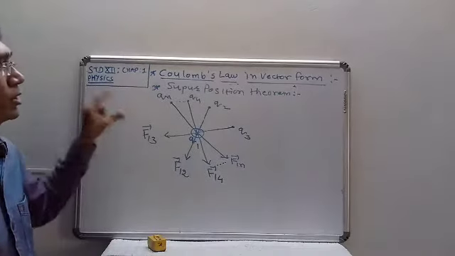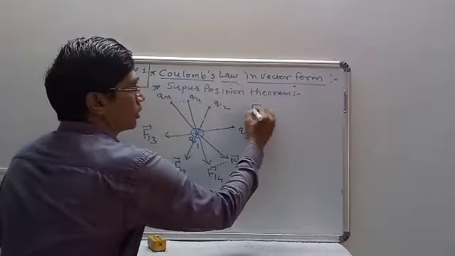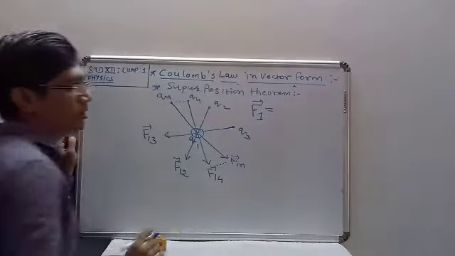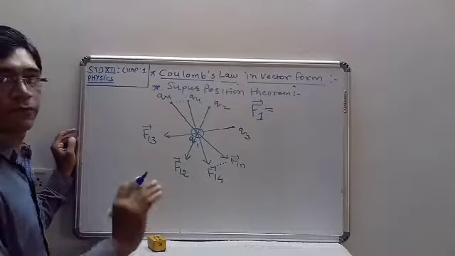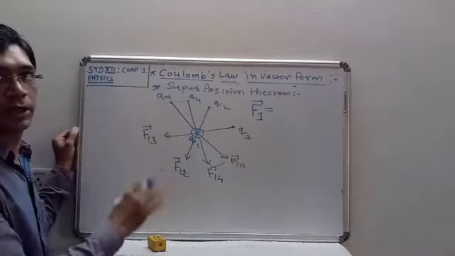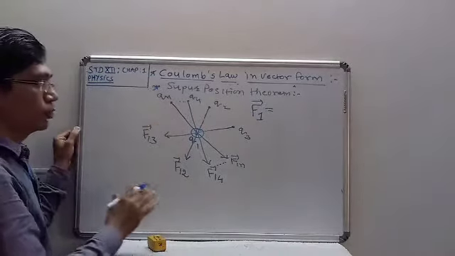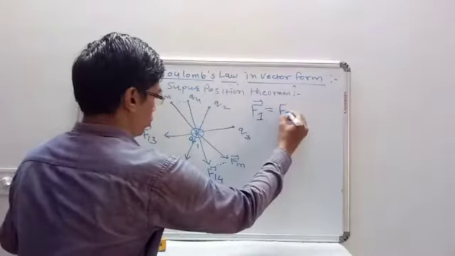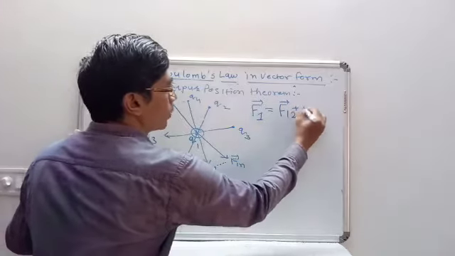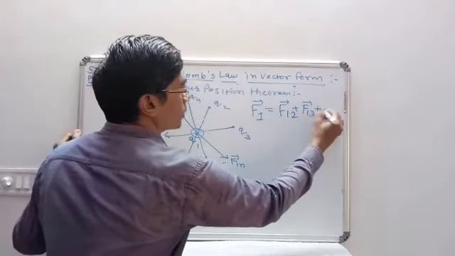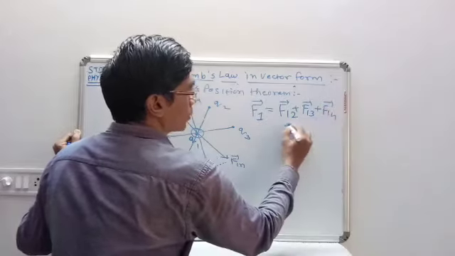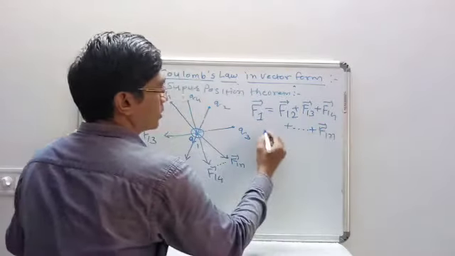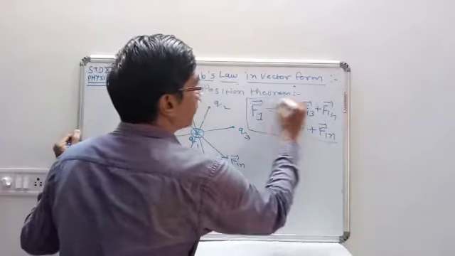This is the superposition theorem. The resultant force or net force acting on the charge is given by the vector sum of all the individual electric forces acting on that charge. So we can write F1 is equal to F12 plus F13 plus F14 plus so on plus F1n. This is the superposition theorem.